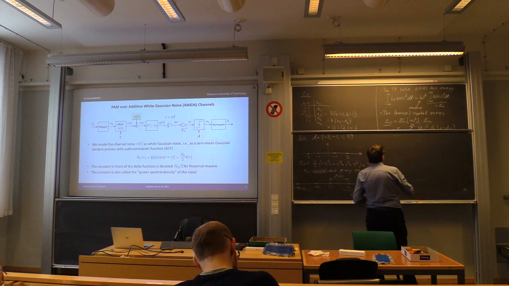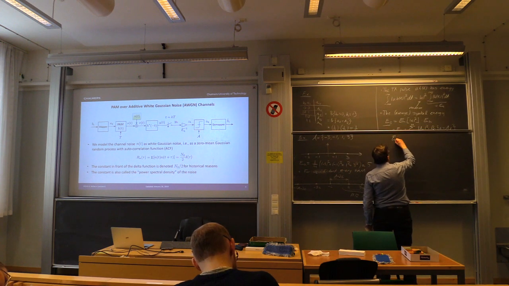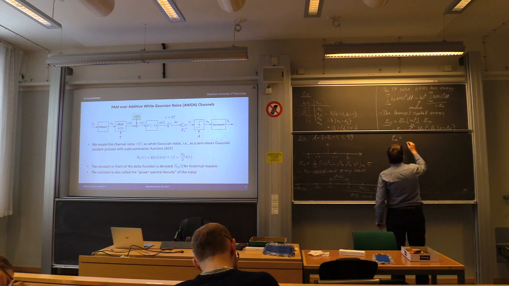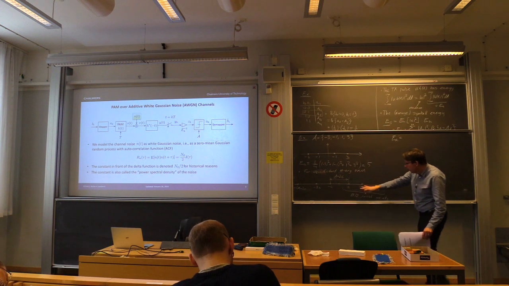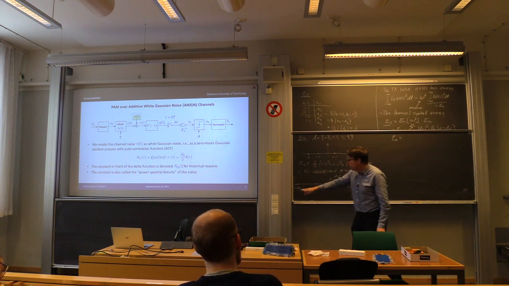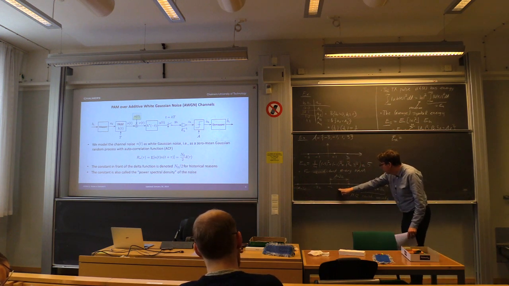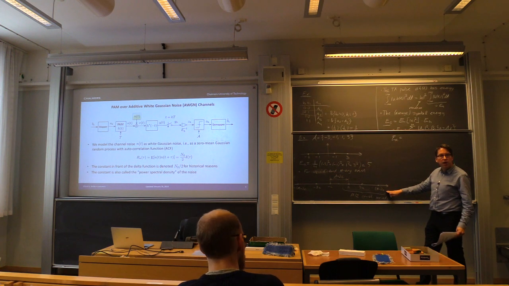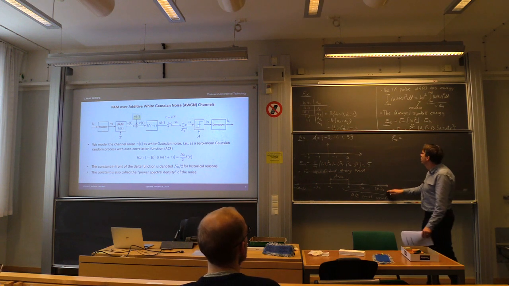So what is the energy for this constellation? Well, if we just calculate the energy for the constellation on the right-hand side, that will be the same as the energy on the left-hand side. So we can simply calculate the energy here and multiply that with 2, and we have the total constellation energy.